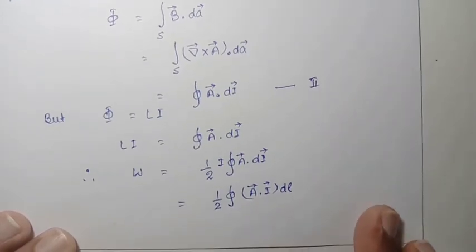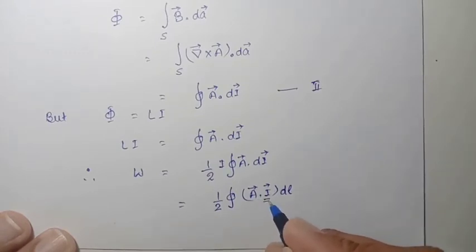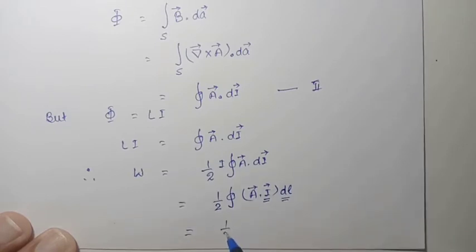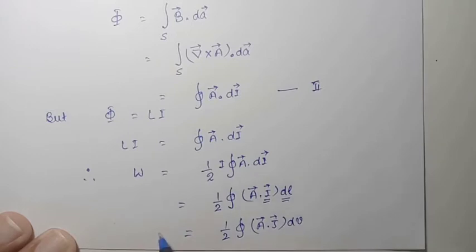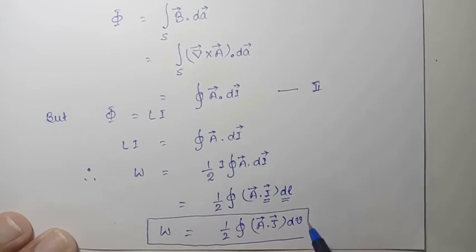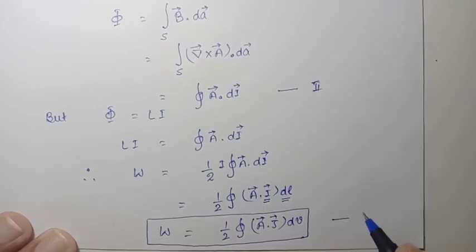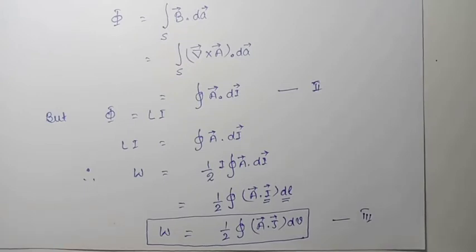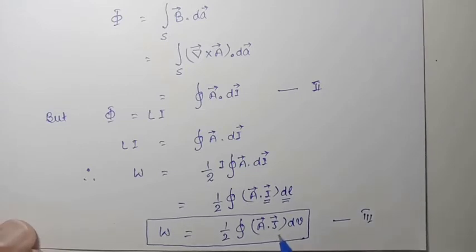In terms of volume current density we can replace I dl with J dV. So we can write 1 by 2 integral of A dot J dV. This is the work done in terms of volume current density J, and dV is the volume integral. Suppose this is equation number 3.